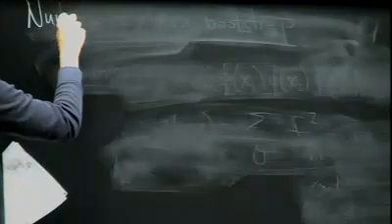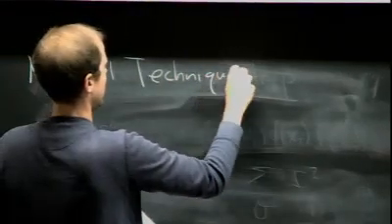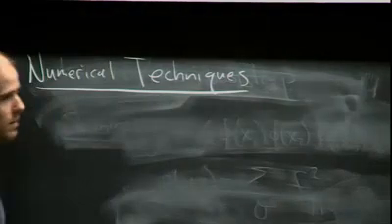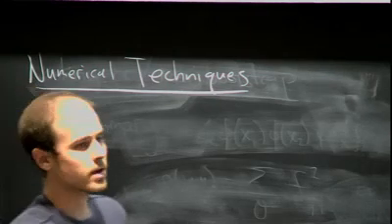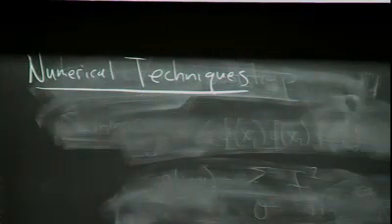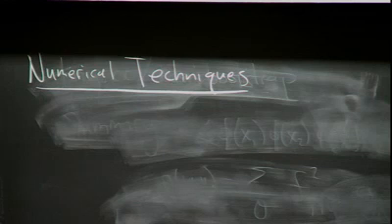Now I'm going to talk about the most modern numerical techniques that one can use to try to solve these kinds of problems. I should say the most difficult step here is finding some functional.